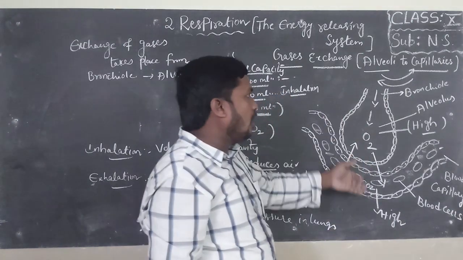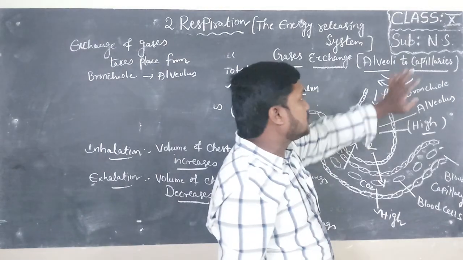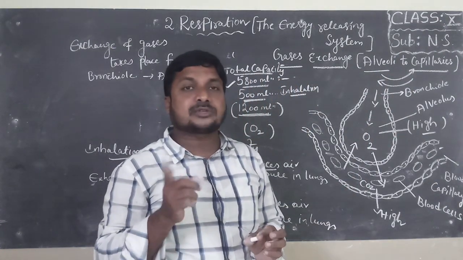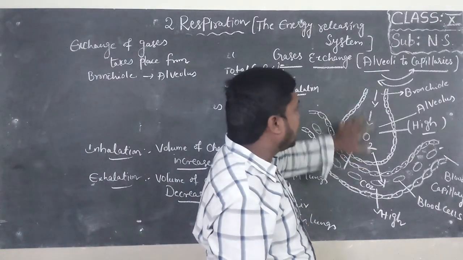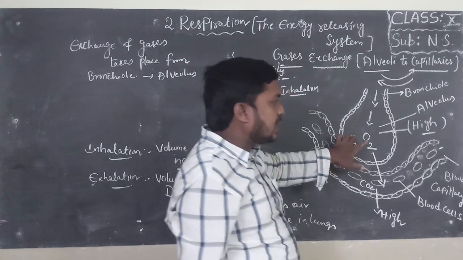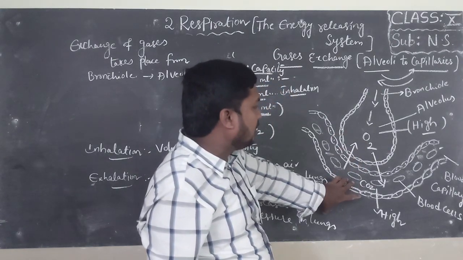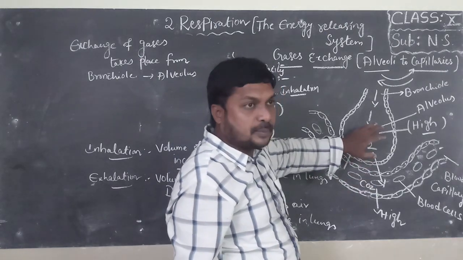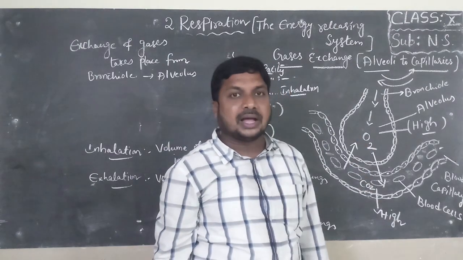Same as we already learned for alveolus to capillaries. At the time of exchange of gases, the gas quantities will be different. For example, at inhalation the oxygen content is more in alveolus and the CO2 content in blood is high, so O2 diffuses from alveolus to blood and CO2 diffuses from blood to alveolus.